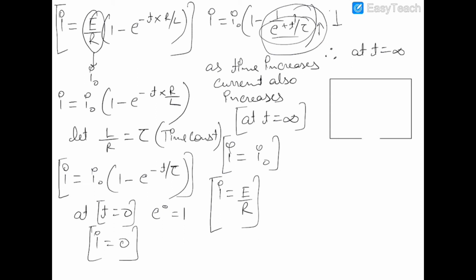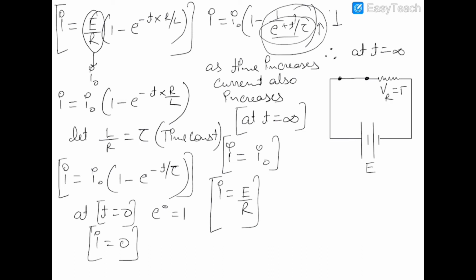Let me draw the cell first of all. This is the cell and its EMF is E, and at t is equal to infinity, the inductor would be short circuited and the complete voltage would appear across the resistance.